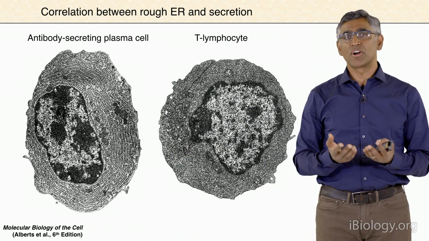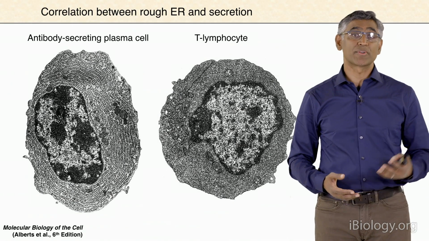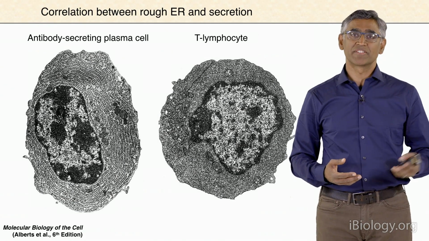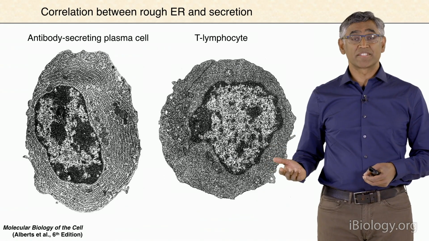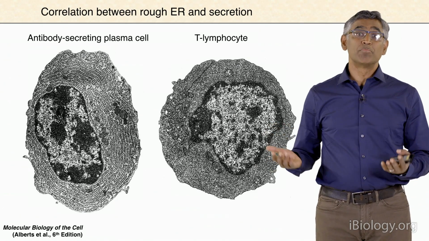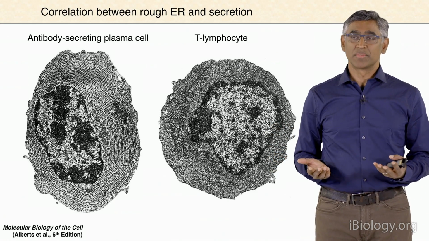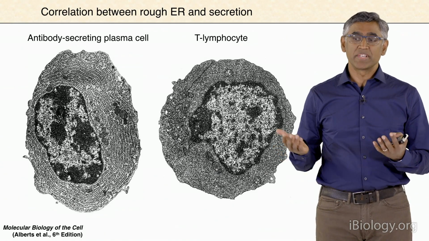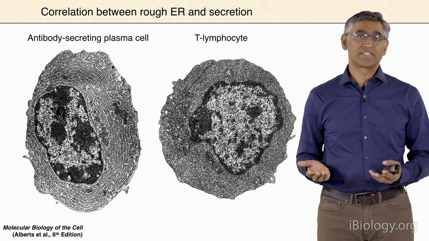And so there was a strong correlation between cells that have to secrete lots and lots of things, for example, the cells in your pancreas or your liver, versus cells that don't have to secrete very much, and the abundance of the endoplasmic reticulum. And so there was this idea then that the endoplasmic reticulum might be involved in the secretion of proteins.